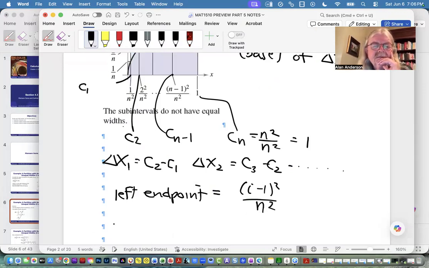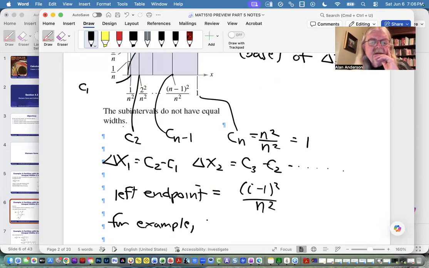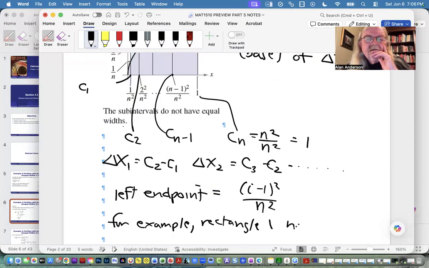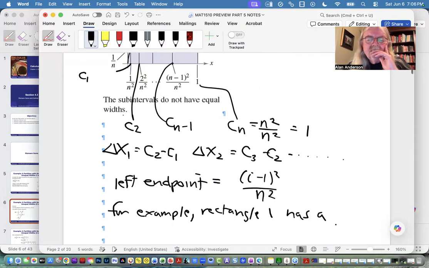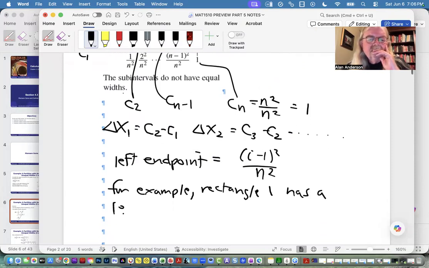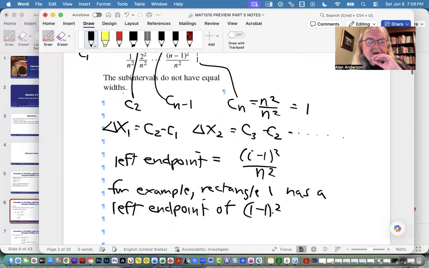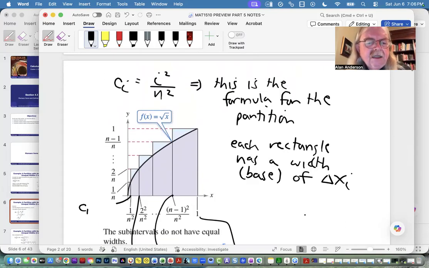And so, for example, rectangle 1 has a left endpoint of (1 minus 1) squared over n squared, which is 0. Okay, so that is here. Think of that as C0, the starting point.